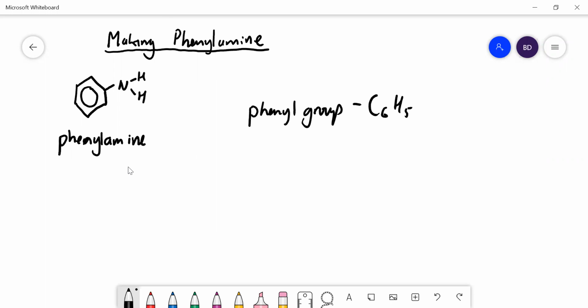Why is it H5? Because you've stuck something onto it, like NH2 there, so that carbon hasn't got a hydrogen attached to it. So that's the phenyl group, C6H5. Okay, so how would you make this?